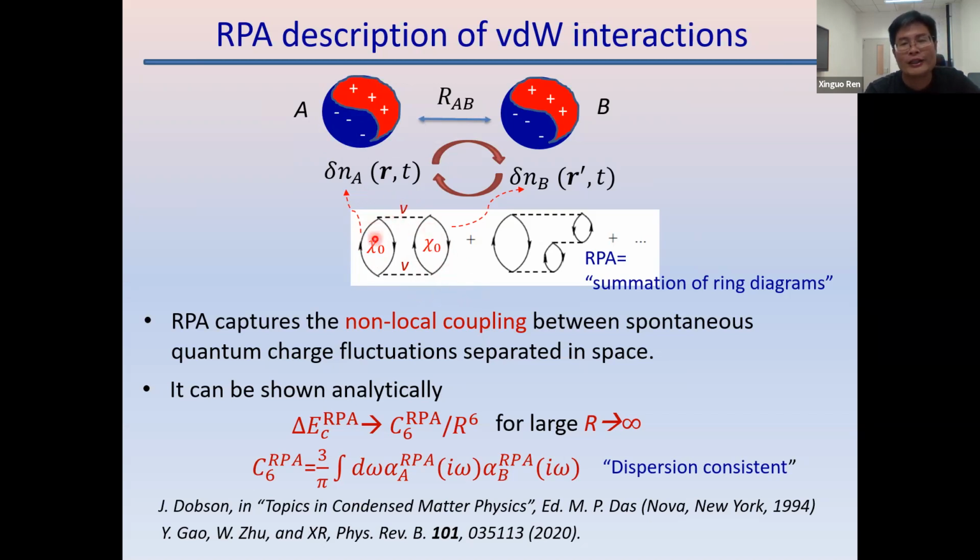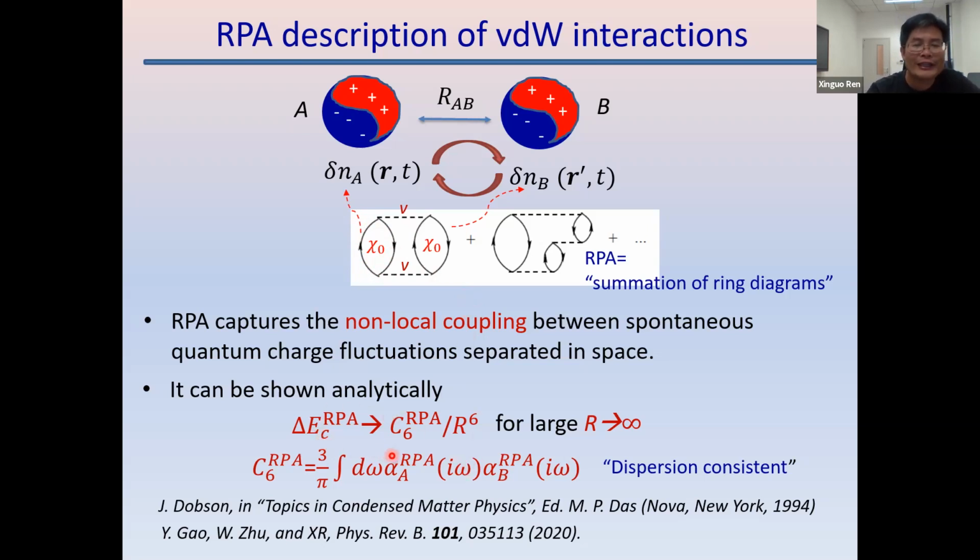Although second order perturbation theory already describes the van der Waals interactions, it often overestimates this interaction because the density fluctuation is given at the bare level. By summing up these ring diagrams to infinite order, one essentially renormalizes this density response from the non-interacting one to an RPA interacting response function.